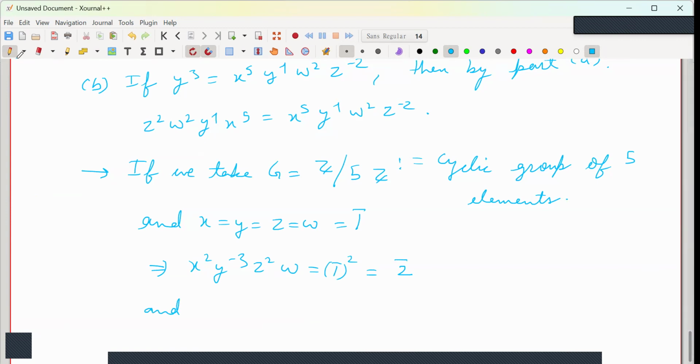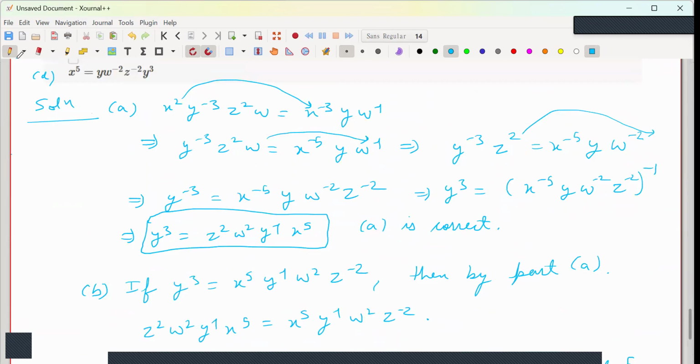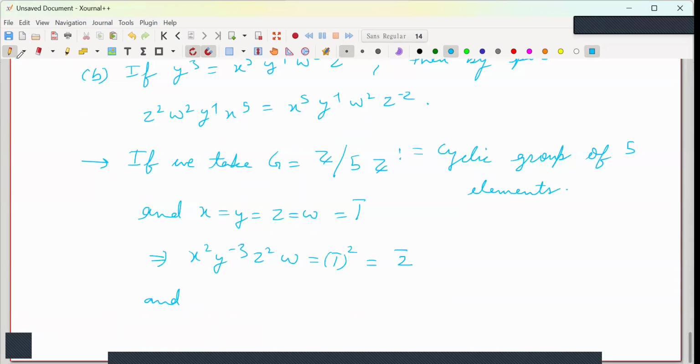And what will be the RHS? RHS is again x minus cube, y w inverse. So this is minus 3, minus 4 and 1 gone.